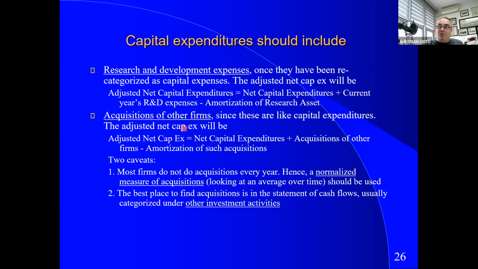If your company is growing not organically, but by purchasing other companies, then again, you may want to take this into account. In that case, adjusted net capex will be net capex plus current year's R&D expenses minus amortization of the research assets. So we're adding that additional investment into the R&D assets as another capex.